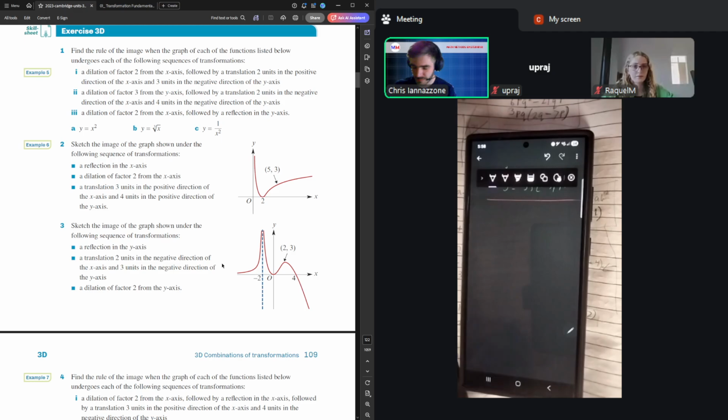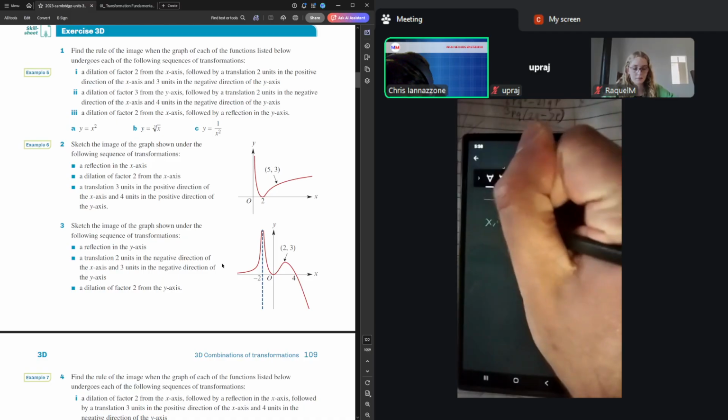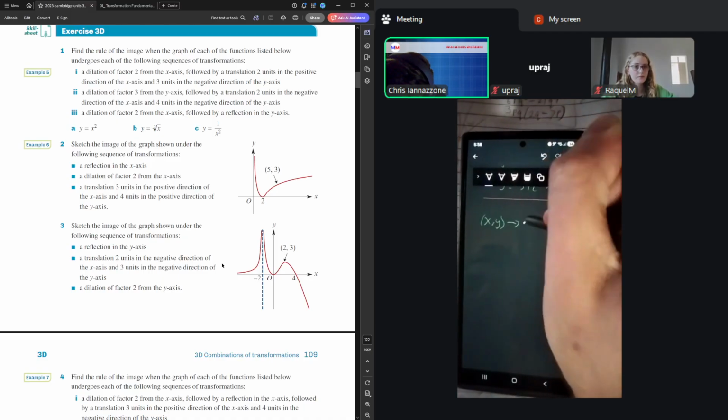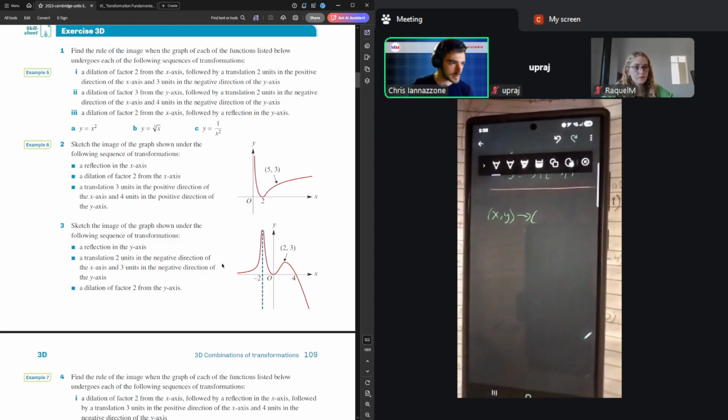Okay, so let's debug things. So we're going to start with our xy, always. What does the first transformation look like when we get our x dash y dash? Dilate factor of 2 from the x.